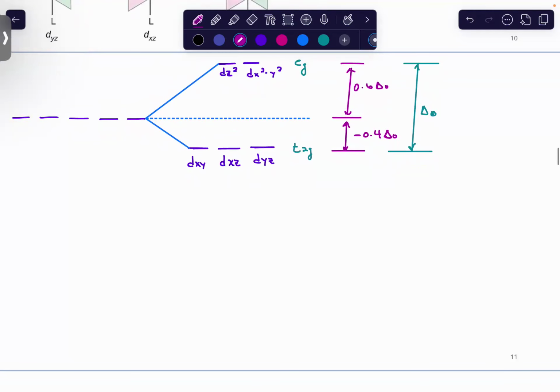Now, we can actually figure this out mathematically. It's simpler than you think.